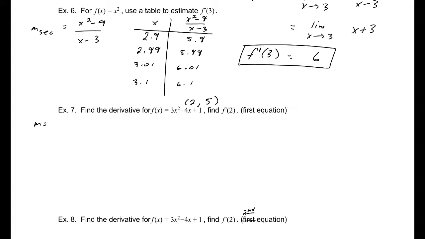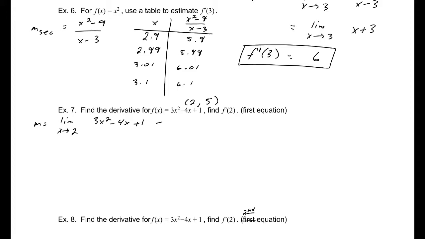So this will be the limit as x approaches 2 of, what is that definition, f of x minus f of a. So f of x, we'll just plug that in there: 3x squared minus 4x plus 1 minus f of a, which I just said is 5.